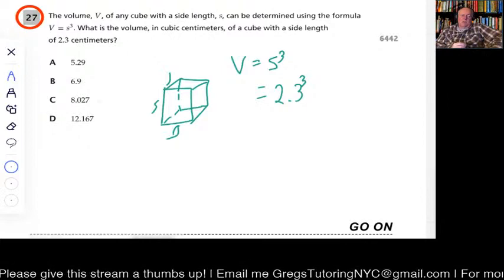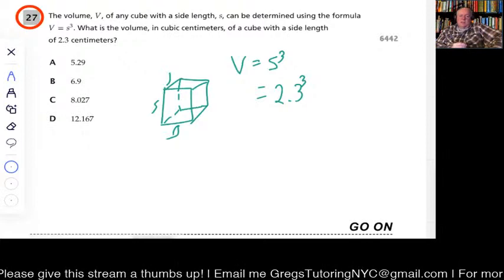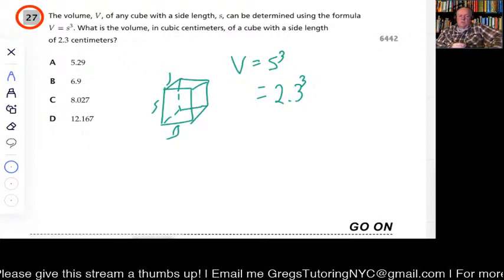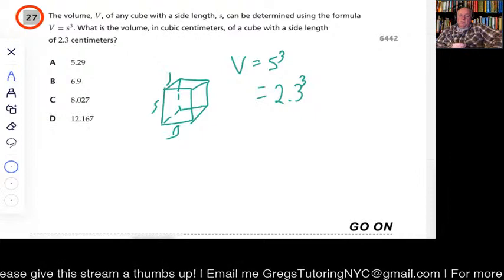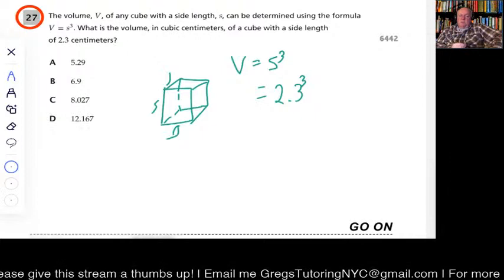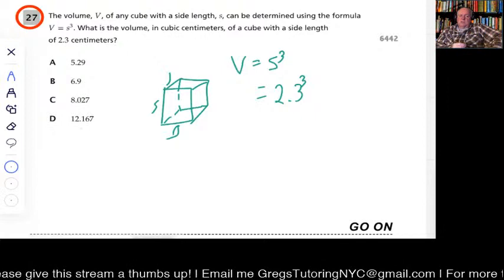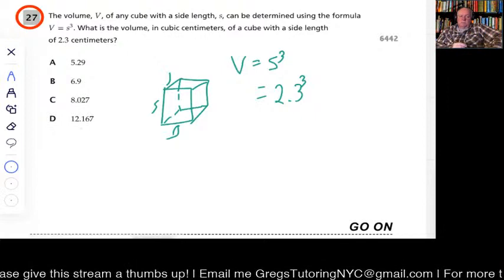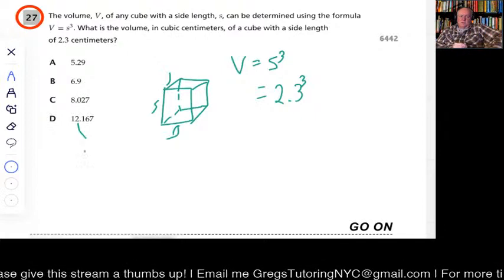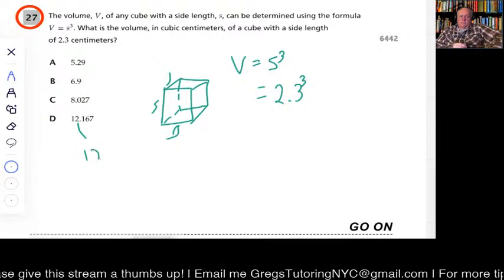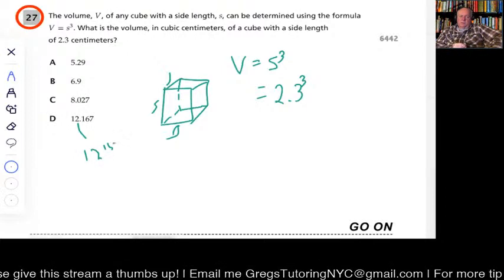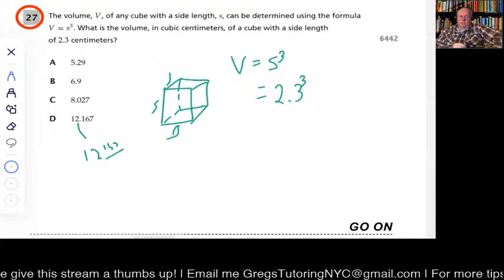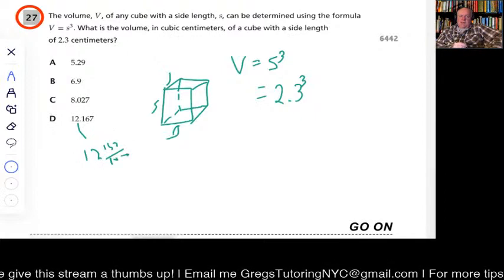And D is not 12,167. It's 12.167 or 12 and 167 thousandths, right? So let me just put that down. This is 12 and 167 over 1,000. Okay?